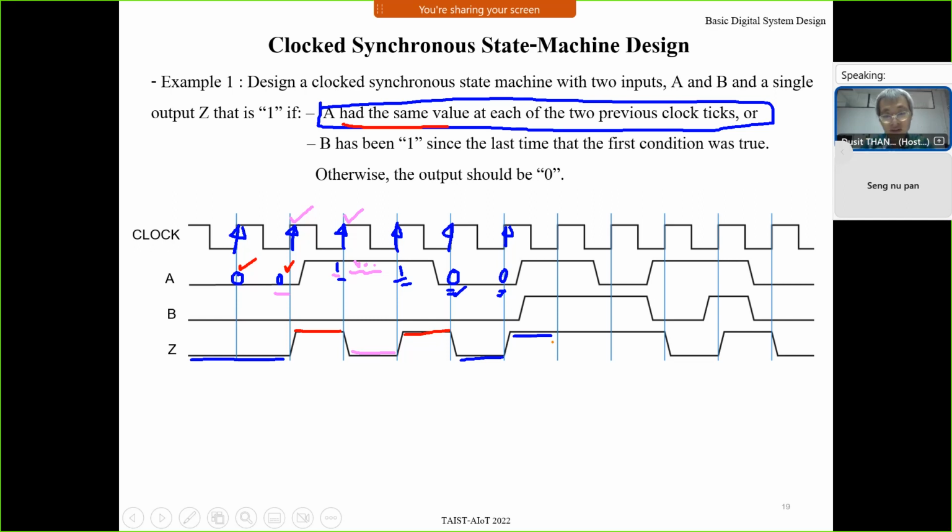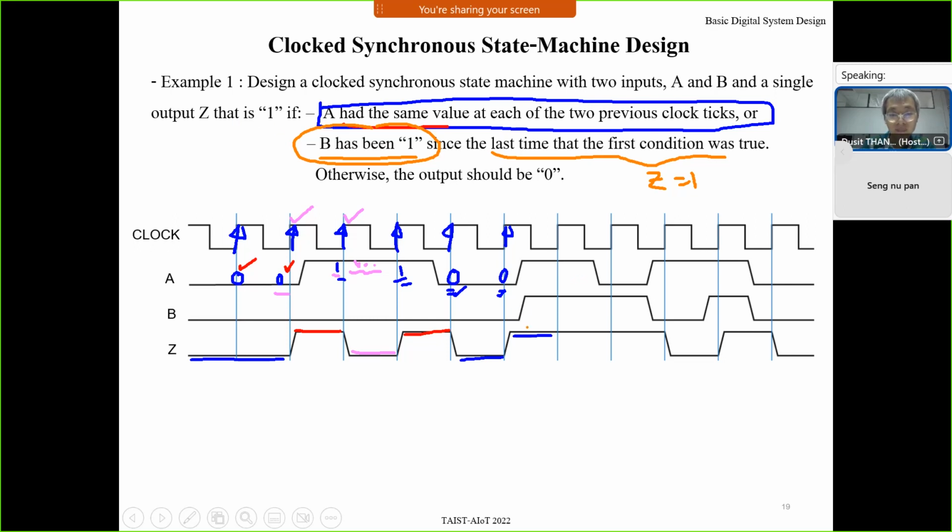The second condition, output Z will be 1 when B has been 1 since the last time the first condition was true. This means when output Z is 1 and B is 1, the output still is 1.